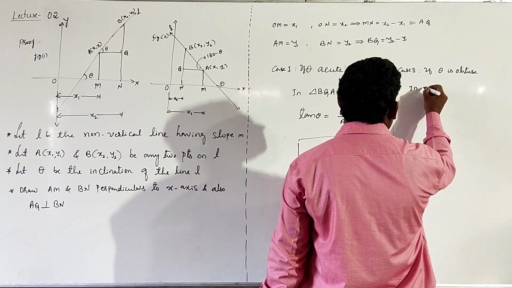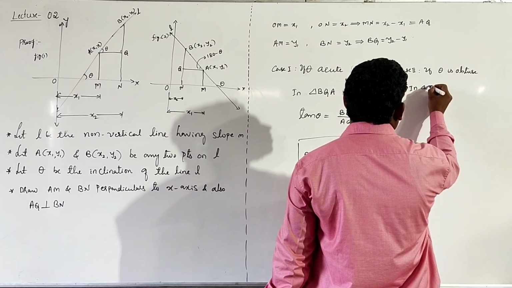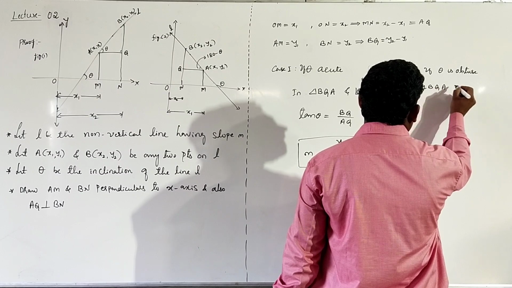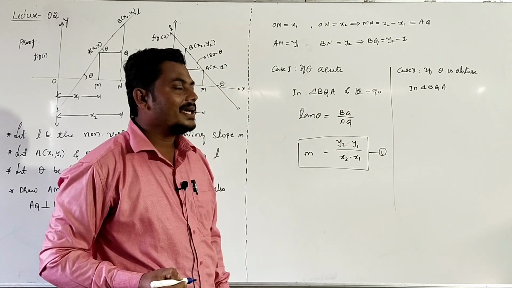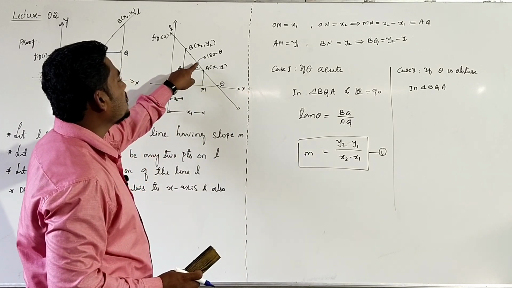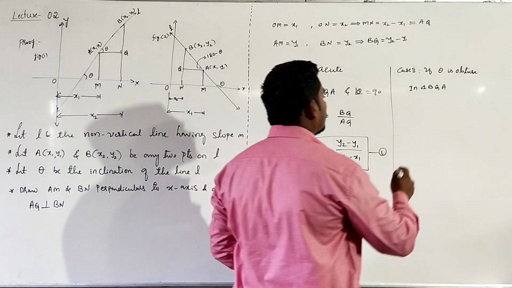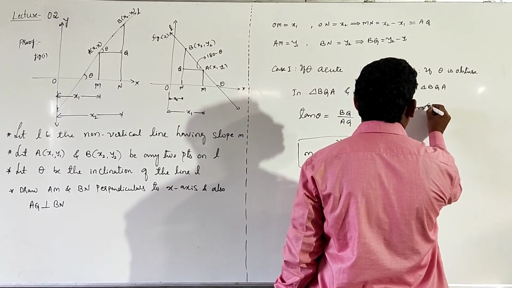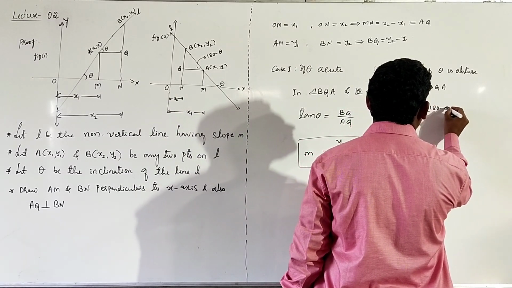In triangle BQA, this angle is 180 minus theta, right? Right, tan of 180 minus theta.